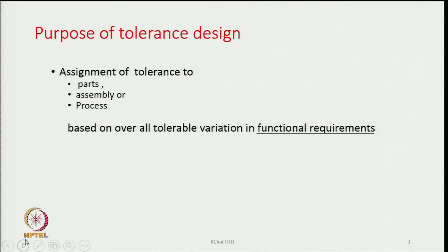The purpose of tolerance design is assignment of tolerance to parts, to assemblies or to processes. If we have to meet the tolerance of the final product, which may have many parts, then what will be the tolerances of those individual parts?